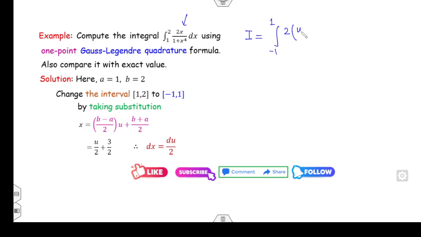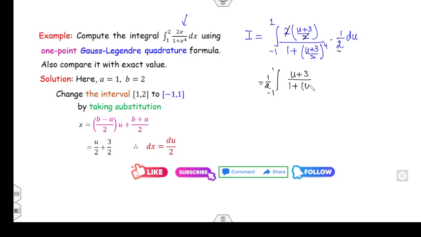Twice of the x, (u plus 3)/2 divided by 1 plus ((u plus 3)/2) raised to power 4, into 1/2 of du. So that will be 1, 2, -1. 2 and 2 will be cancelled. The u plus 3, half will be outside.